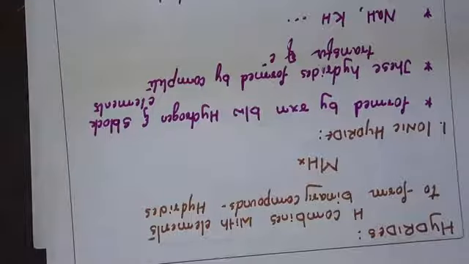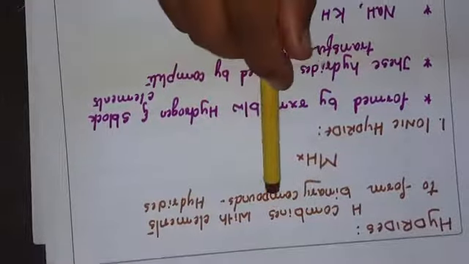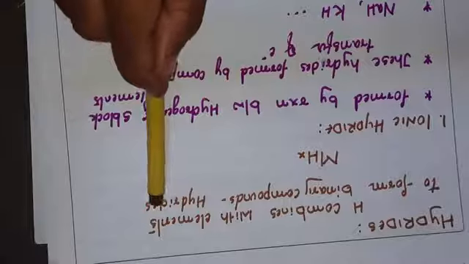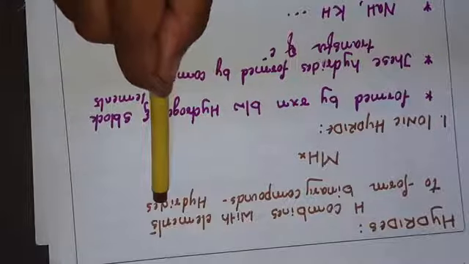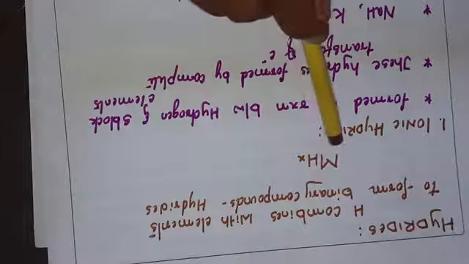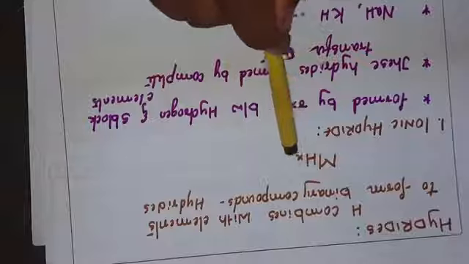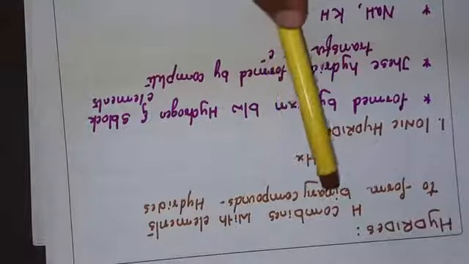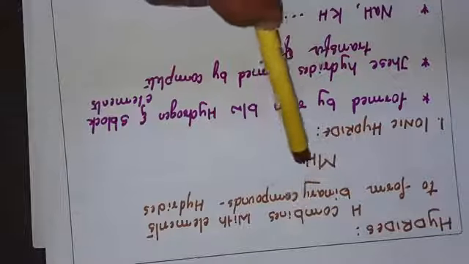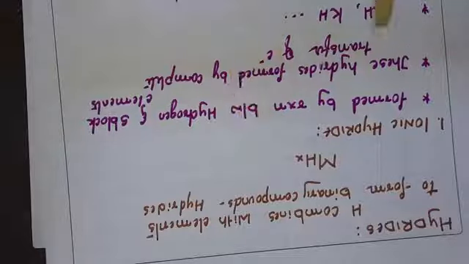Now, let us move on to the next concept, that is hydrides. What do we mean by hydrides? When hydrogen combines with any other element, it forms binary compounds. These binary compounds are known as hydrides, represented by MHx, where x represents the number of hydrogen atoms.